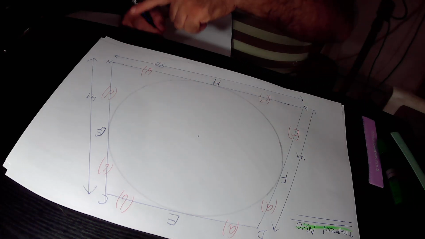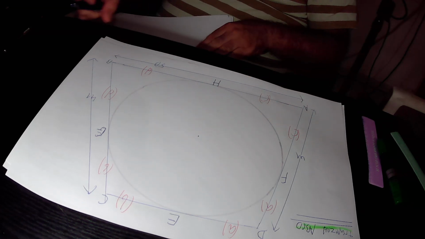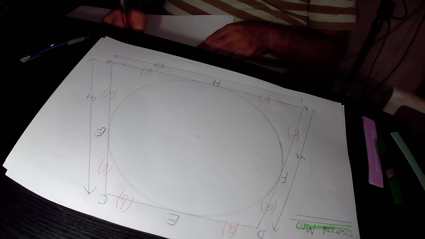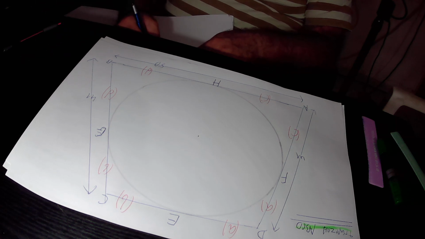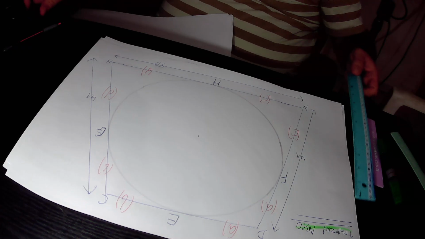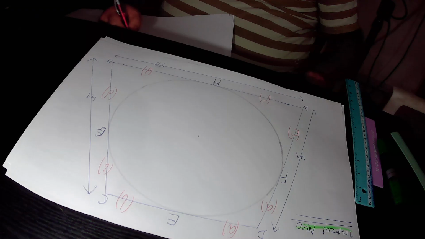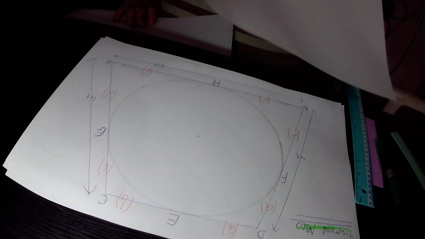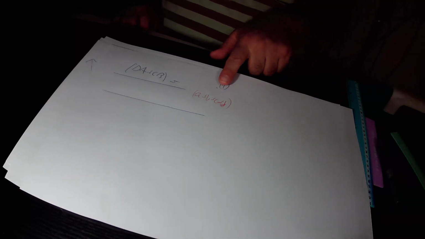DA plus CB in total equals A plus B plus C plus D. So it is known that DA plus CB equals A plus B plus C plus D.